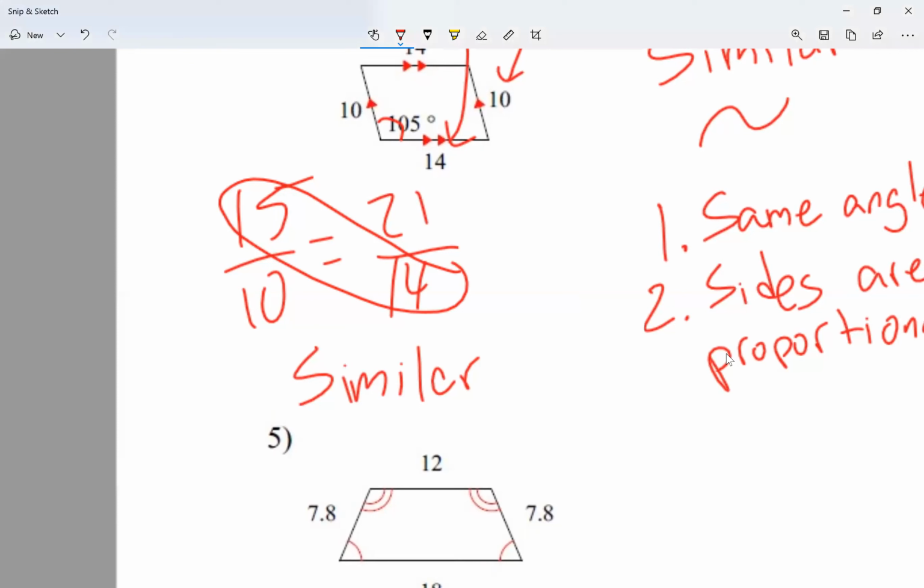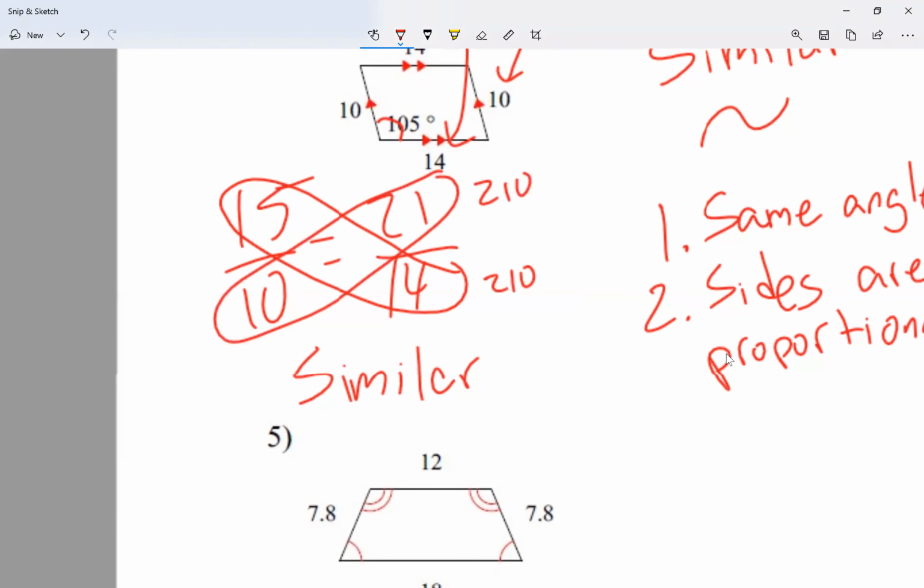Use a calculator if you need to. 15 times 14 is 210. Then I cross multiply this way. 21 times 10 is 210. I get the same number, the same result. Therefore, my fractions are proportional.